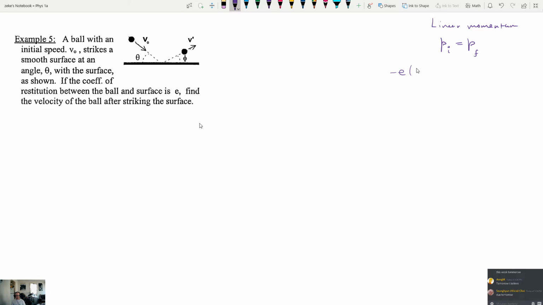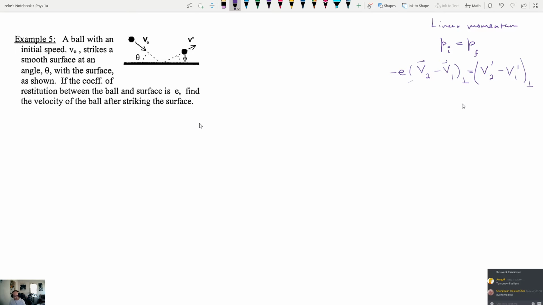It looks something like this. If I have two objects, v1 and v2, and I define their initial velocities to be v1 and v2, and I take the perpendicular component of those velocity vectors and take the difference of them, multiplied by the coefficient of restitution, which is e, this should be equal to the velocities after the collision, the same difference, v2 prime minus v1 prime. But again, just the perpendicular component of them.